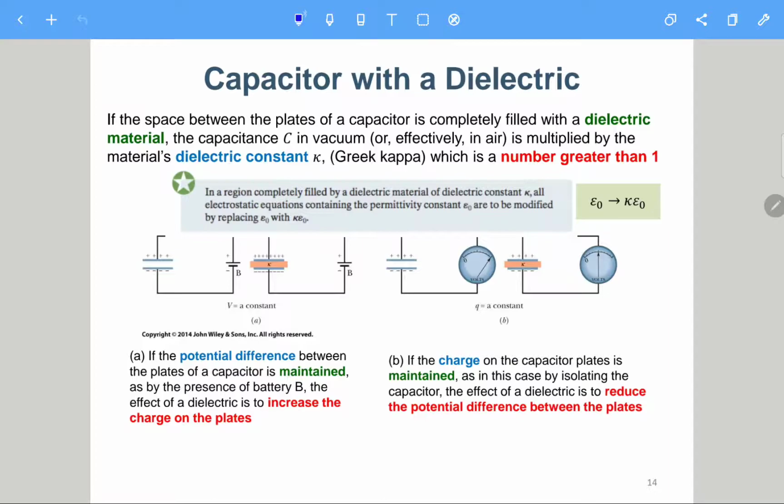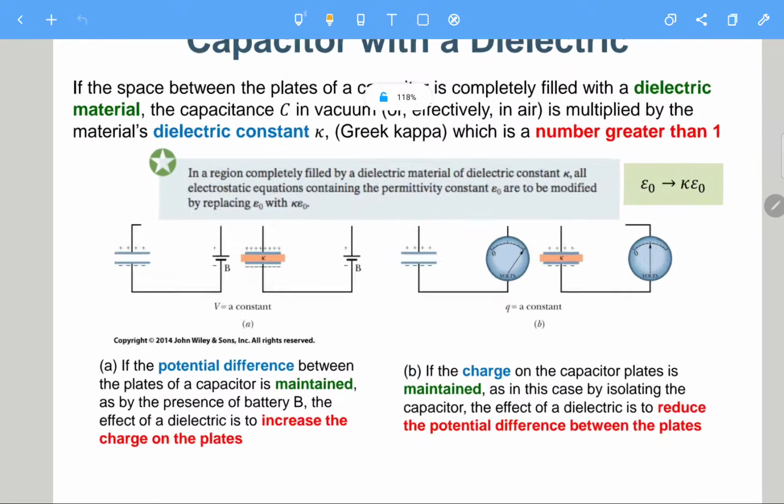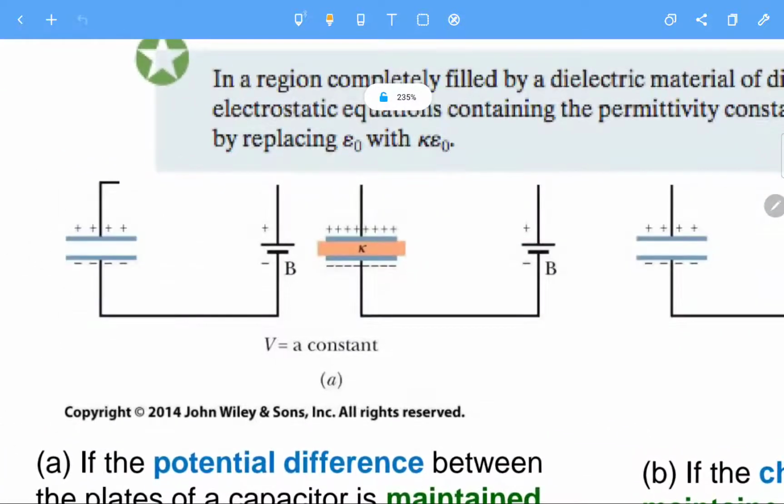So there is another way to make the capacitance larger. The point here is we insert something in between the plates. As you can see here on the left side, we have nothing in between the two plates, so you can imagine there is only air in between.